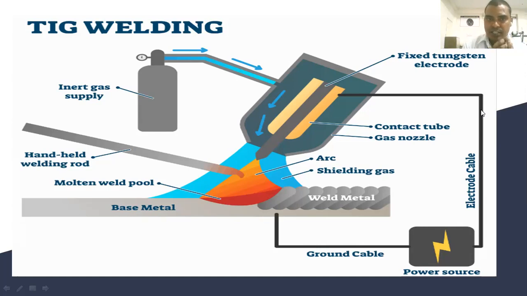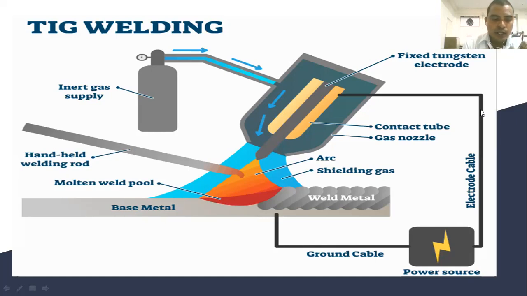You can see the angle of the welding torch and the filler metal, which may be 70 to 80 degrees and 10 to 20 degrees. In this figure, the welding torch angle is about 70 to 80 degrees, and the angle of the filler metal is 10 to 20 degrees respectively with the flat workpiece.